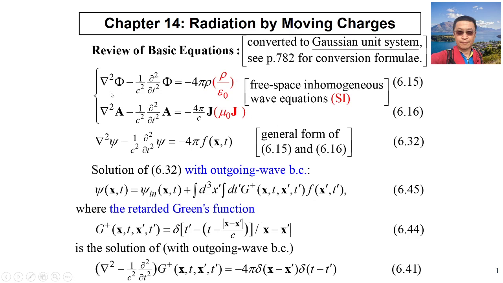So this is the inhomogeneous wave equation with source. It's in free space, so we don't have to worry about epsilon and mu. They are just epsilon 0, mu 0. Inhomogeneous because of this term.